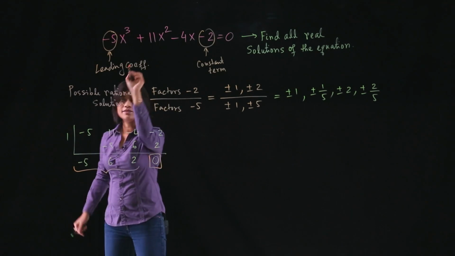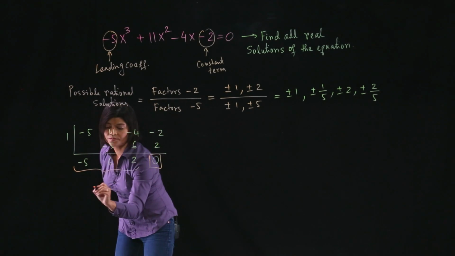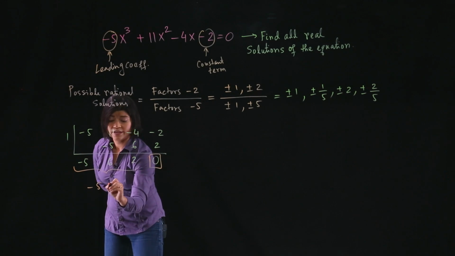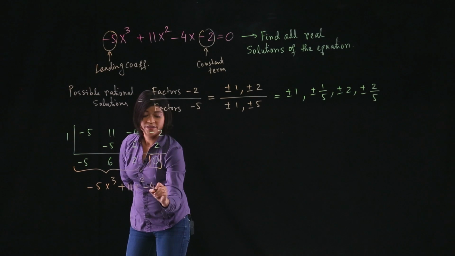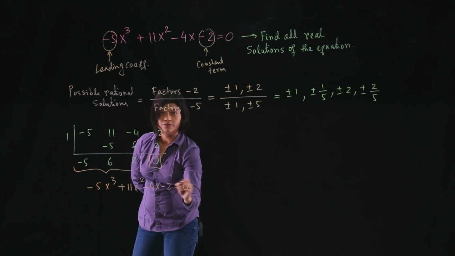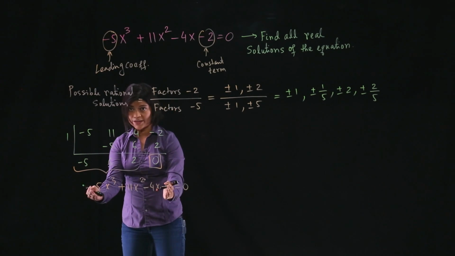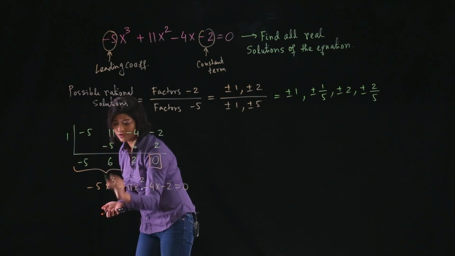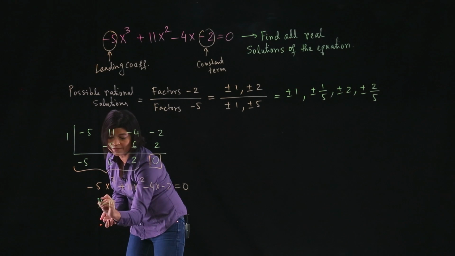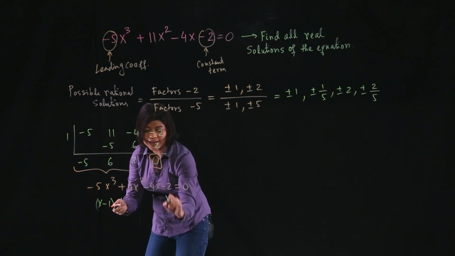So you can take your equation -5x cubed plus 11x squared minus 4x minus 2 equals 0, and you can start factoring this left-hand side. You already know 1 is a solution, so you know x minus 1 will be a factor. Then what will be left?